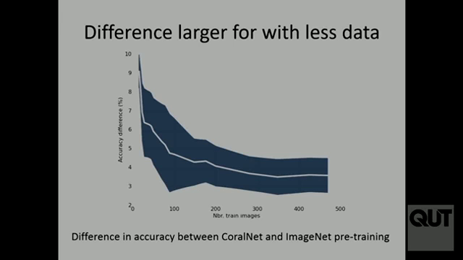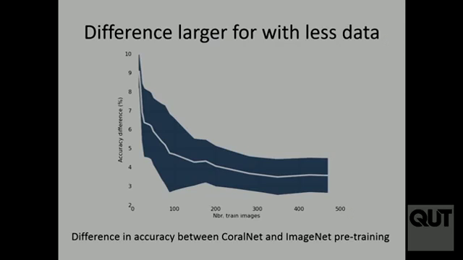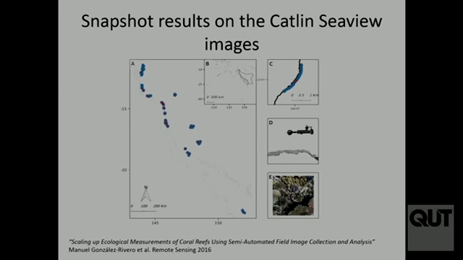So it's a pretty big difference. When you imagine deploying repeated surveys across space and time, this becomes important.